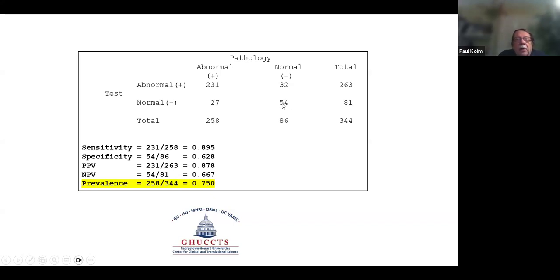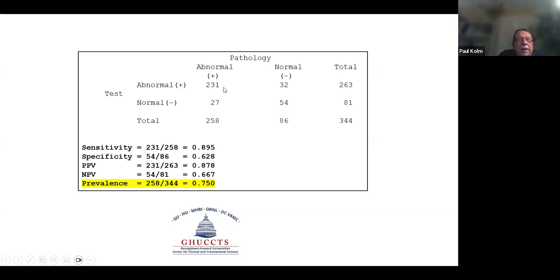Specificity, the number of negative tests that are actually normal, is 54 divided by 86, the sum of 32 and 54.